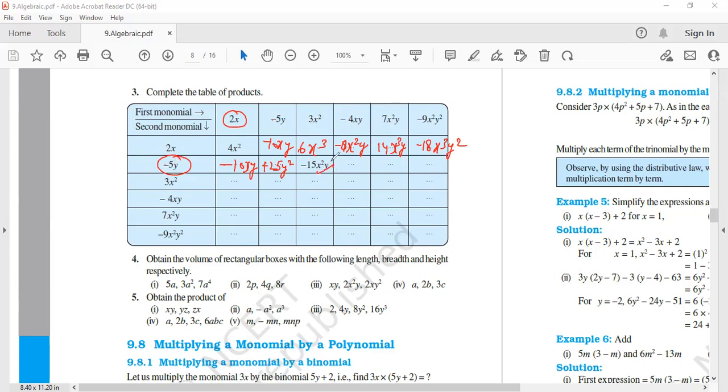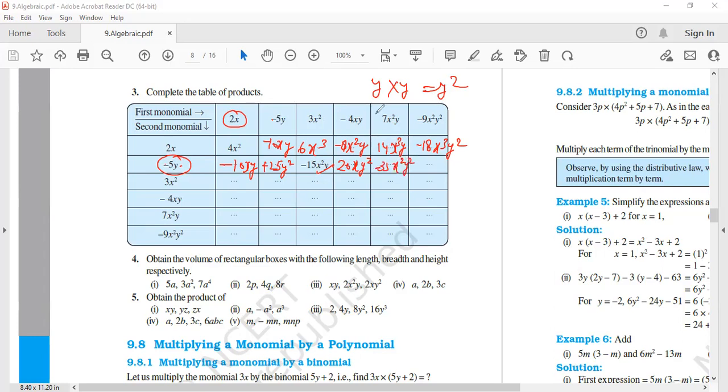Now 5y is multiplied by 3x square, 5 threes are 15 x square y already there, 4 fives are 20, x will be there, and y power 2, because here y is there and here y, make it y power 2, because you know that in multiplication y times y gives you y square, right?